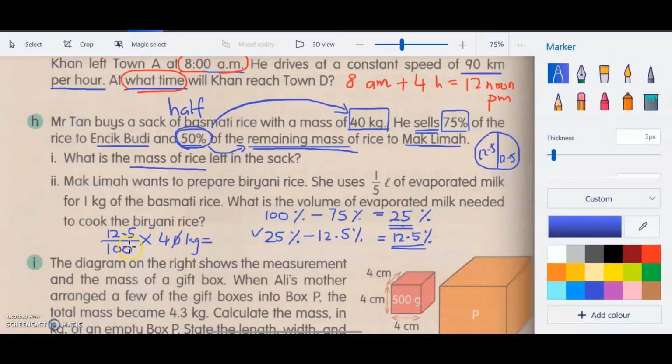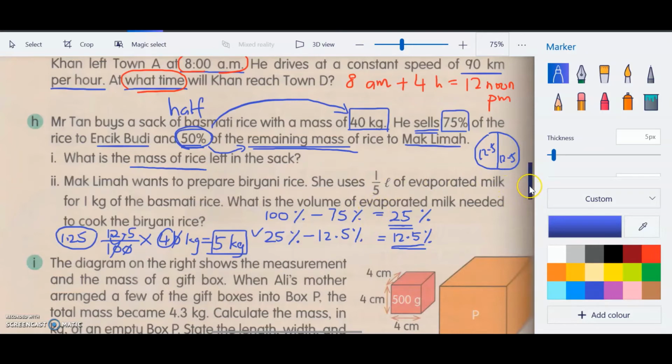Okay, cross out the 0 left and right. Here I divide by 10. So 12.5 divided by 10, I move the decimal to the left one time, it becomes 1.25. 1.25 times 4, you get 5, unit is kg. So this is the first answer, 5 kg.